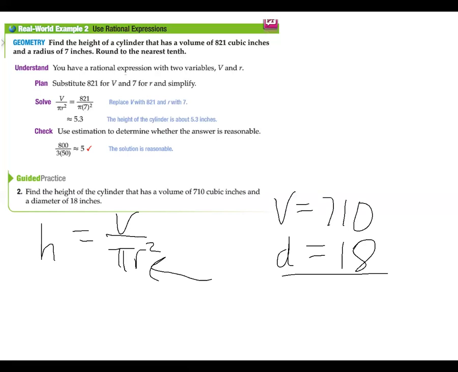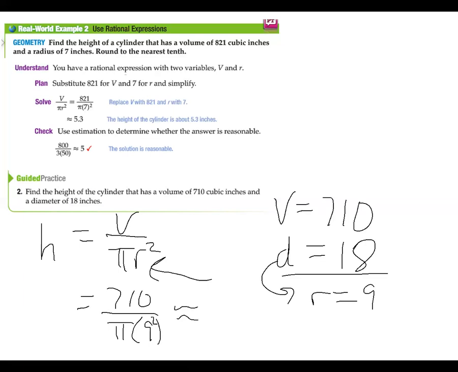Remember, radius is the distance from the middle of the circle to the edge. The diameter is the distance all the way across the circle that goes through the middle. So just remember that the radius is half the diameter, so the radius is equal to 9. So you would have 710 divided by pi times 9 squared. And that comes out to be about 2.8 inches.